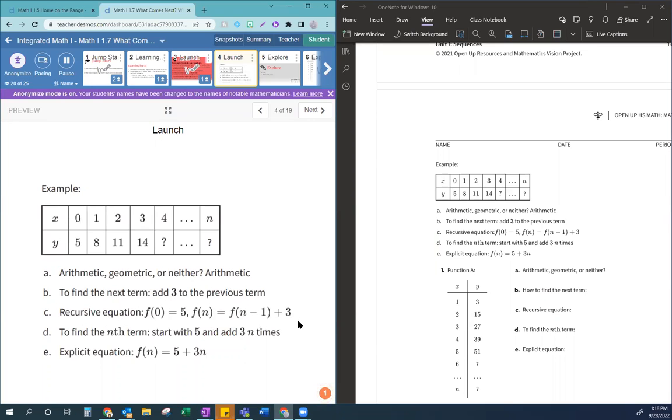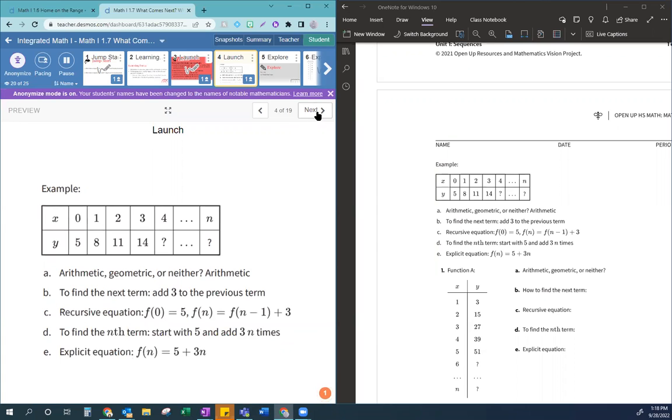So to find the nth term, we started with 5 and add 3 n times. And then here's your explicit equation. To find the nth term, this is almost like you describing the explicit equation in words. Okay, so this is what they're expecting you to do.